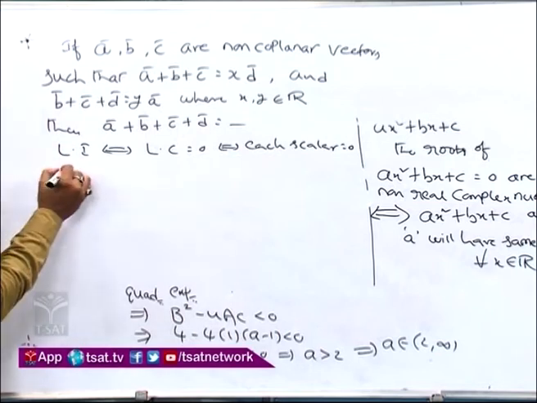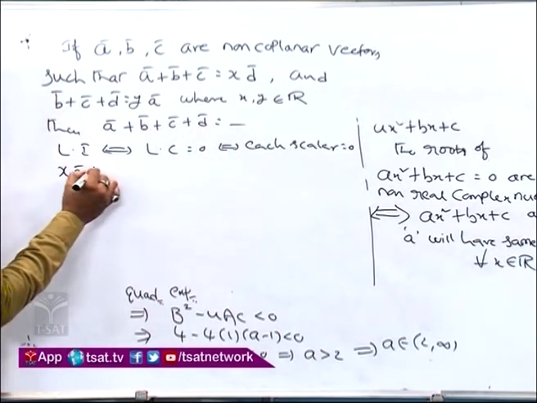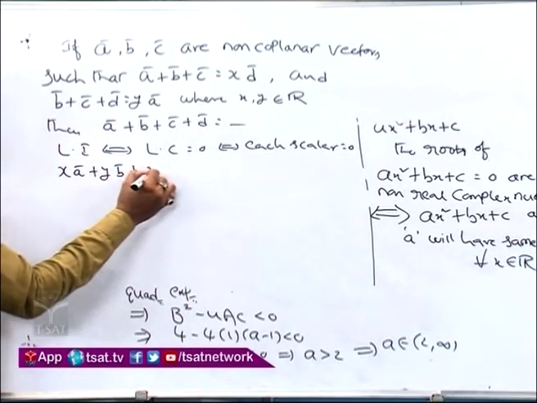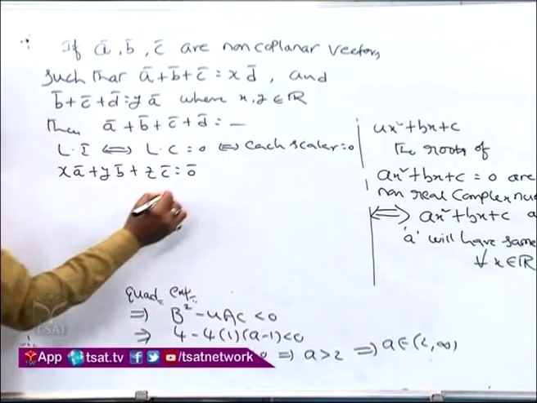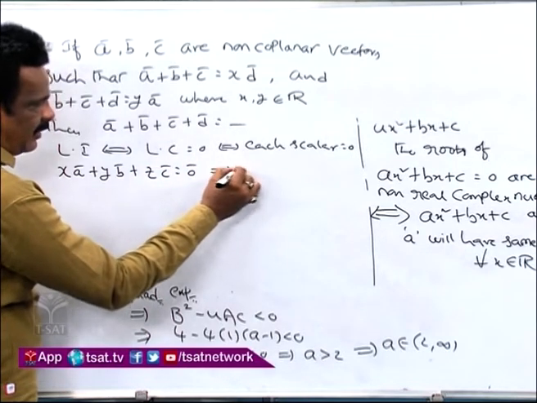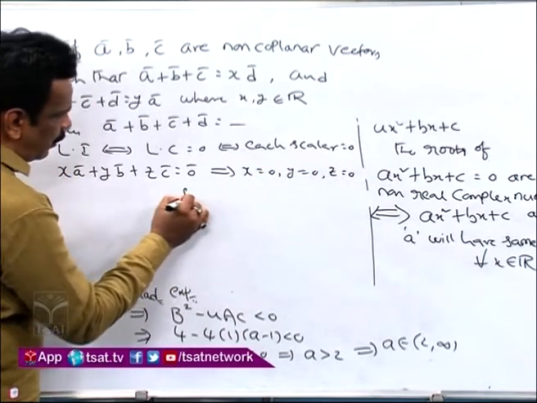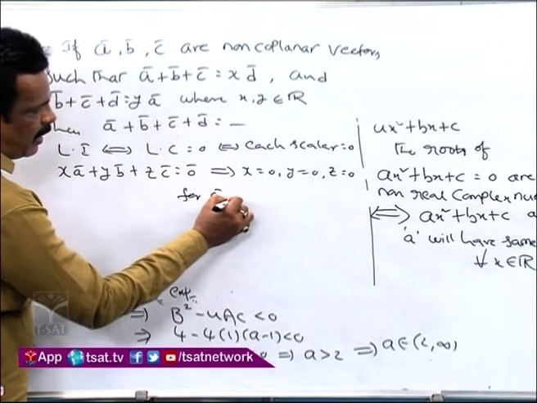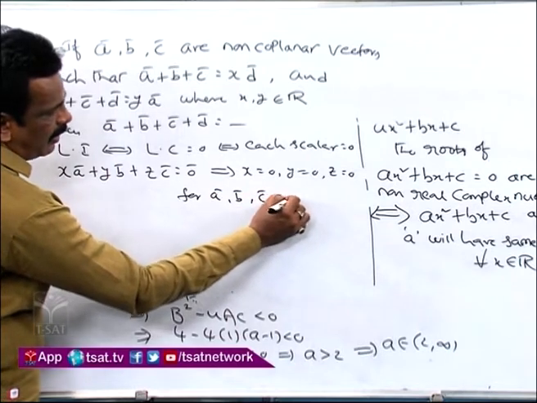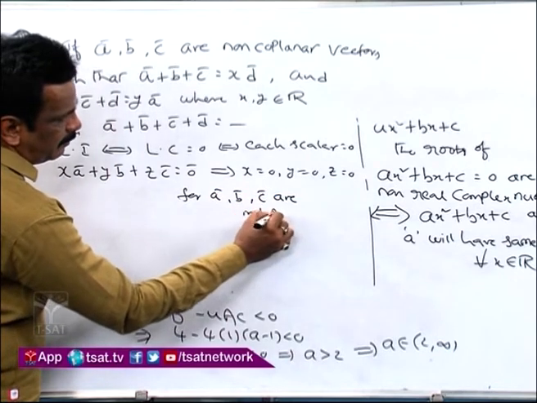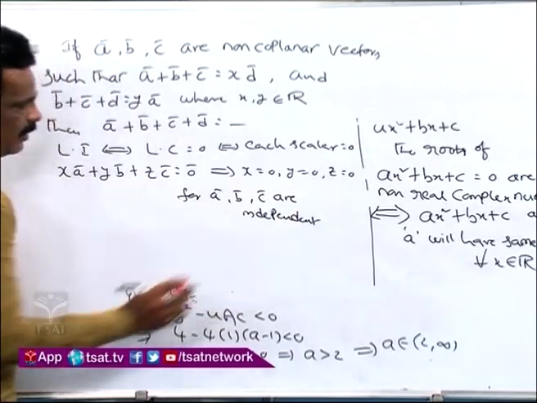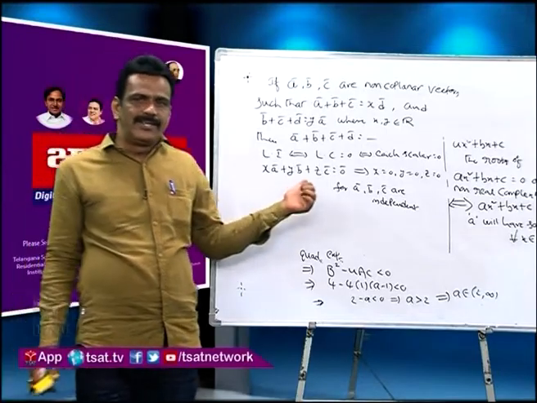Otherwise mathematically we can write x A bar plus y B bar plus z C bar equal to the null vector implies x equal to 0, y equal to 0, z equal to 0 for A bar, B bar, C bar are independent. So for independent vectors we have this condition.